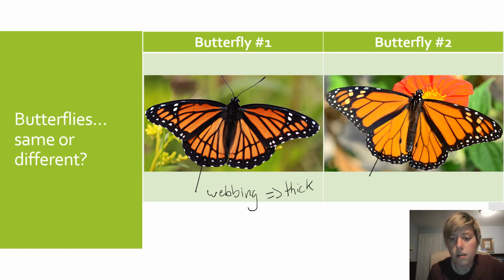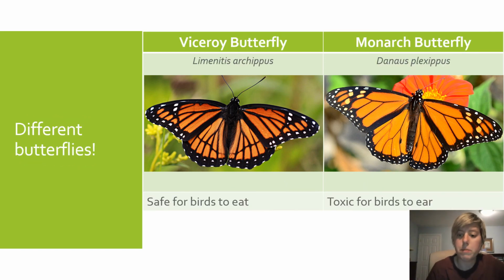Here, the webbing is thin. Now, if I notice right here, also the head of the butterfly. Here, it's kind of furry. Here, it's not that furry. So this is actually called mimicry.